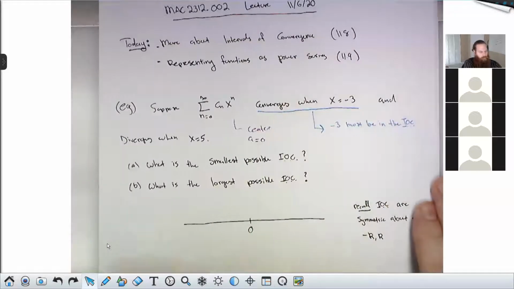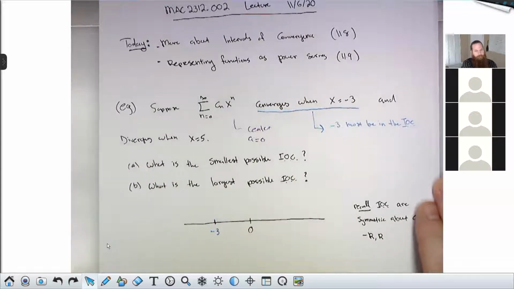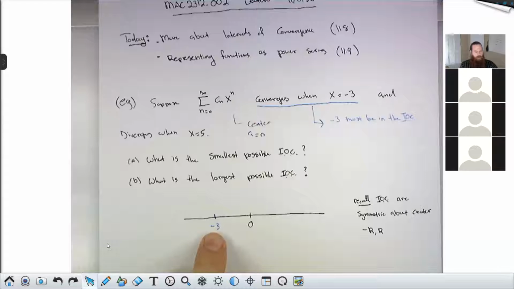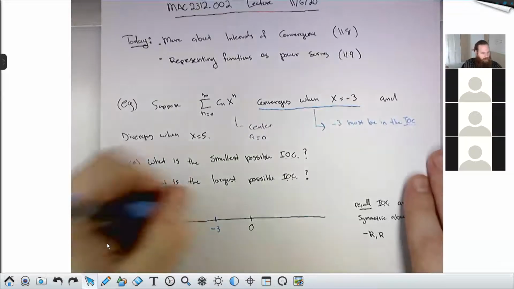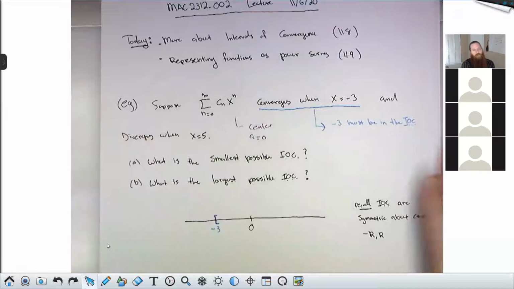All right, so let's come over here. Here's -3. What's the smallest possible radius of convergence? What's the worst case scenario? If this number is going to be in the interval of convergence, and the interval of convergence has to be centered here, then the worst case scenario is that it stops here and just happens to include that number.